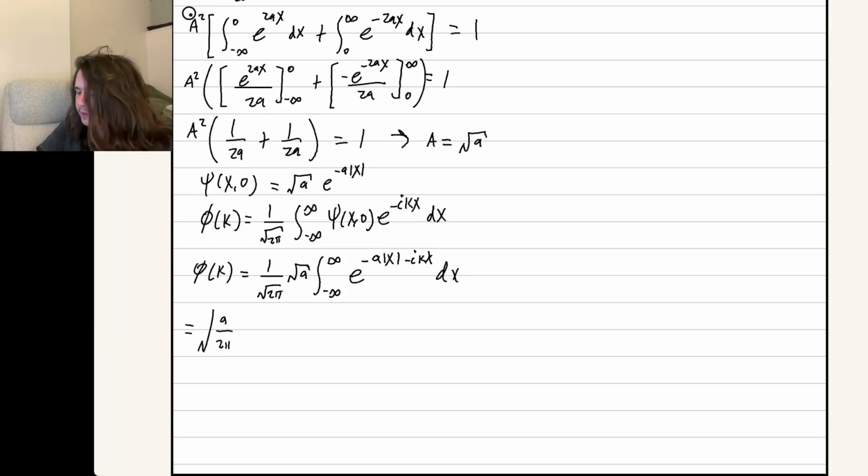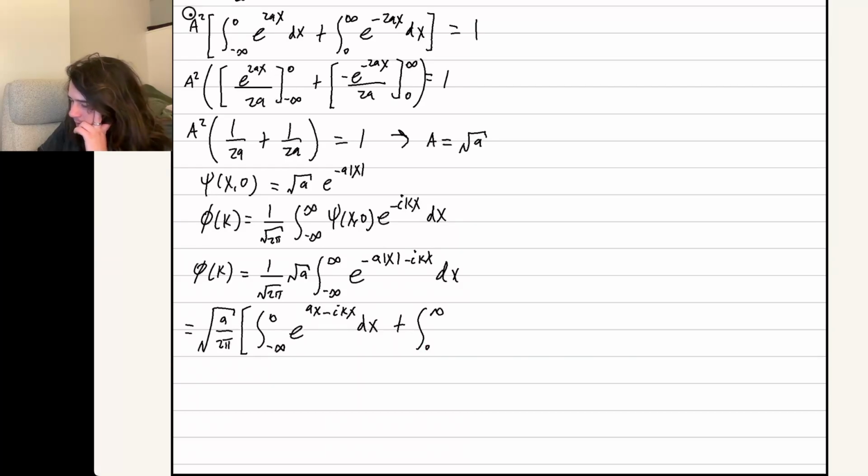That absolute value is going to make us have to split it up again into a couple different integrals, one of which will be in the negative space, so e to the plus ax minus ikx dx, and then another integral in the positive space, e to the minus ax minus ikx dx.